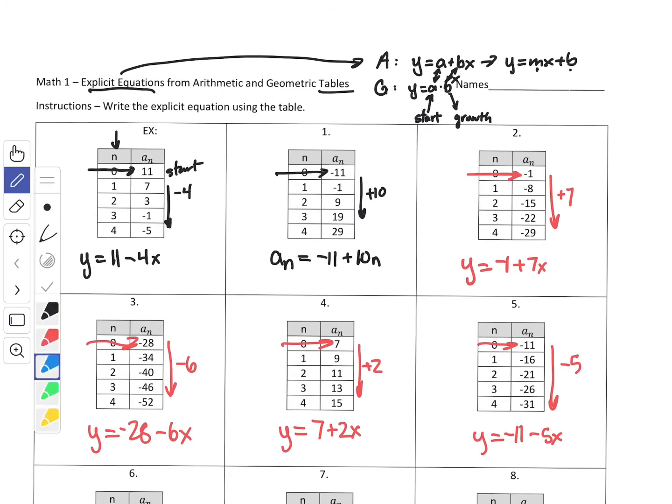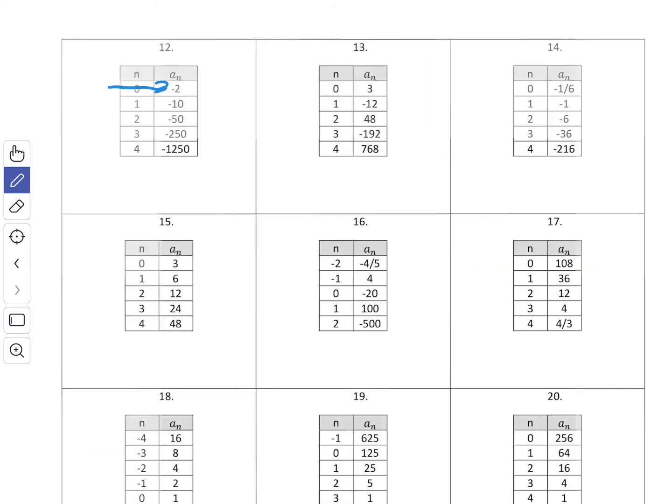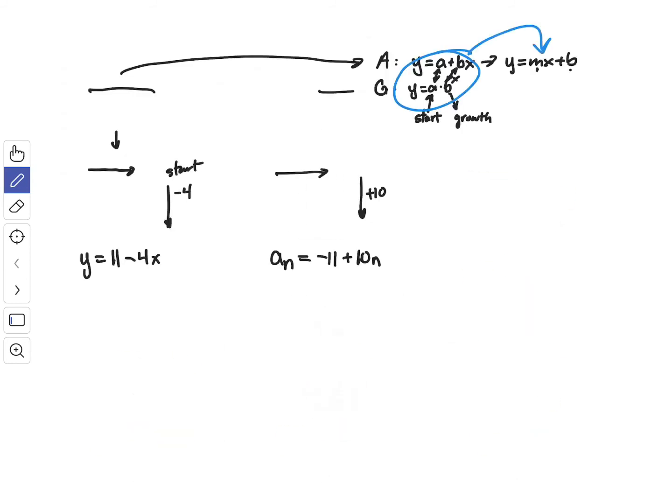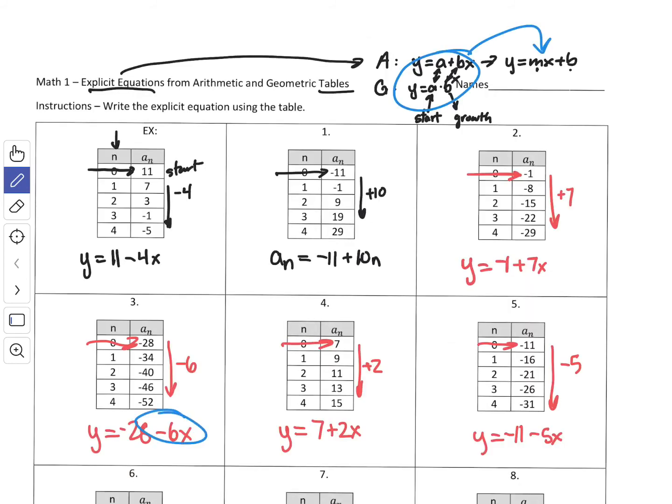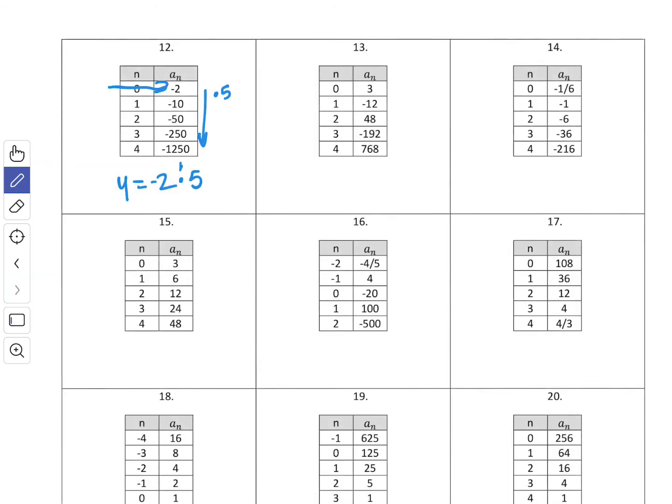But this is why I like doing it this way, because regardless if I didn't know that this was geometric, I still say, oh, I start at -2, just like I normally do. Then I wait till I see the growth, in this case timesing by 5. Then I recognize I have to treat this one differently, because the only difference is I put a multiply there, and the x goes up as a power.